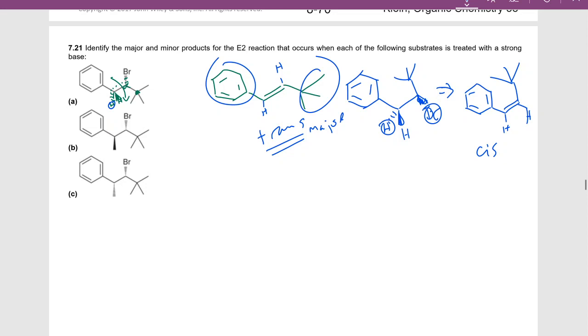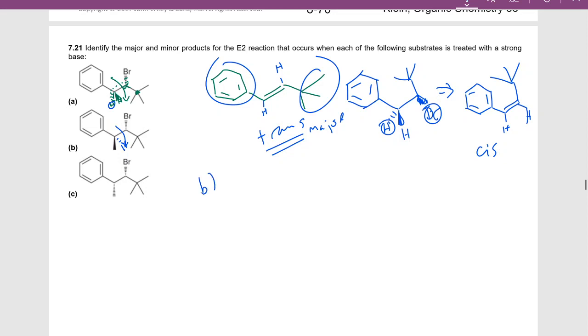All right, so let's look at B here. In the configuration as it is drawn, we have a hydrogen going back and a bromine going back, and so we can't eliminate that way. We have to have that hydrogen coming out. So we really don't even need to draw a Newman projection here. We can just simply rotate about this bond.